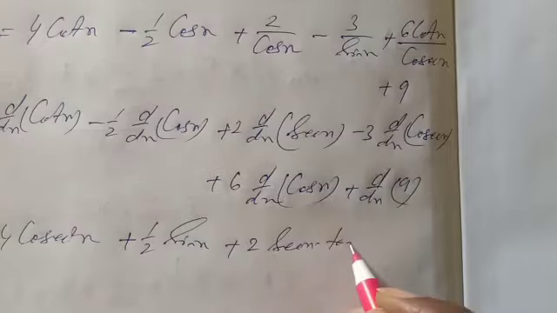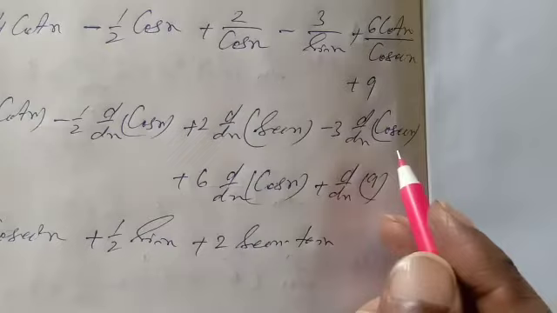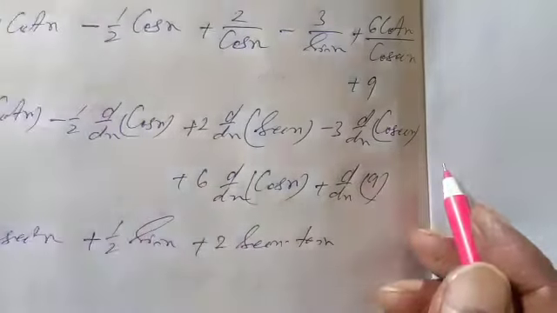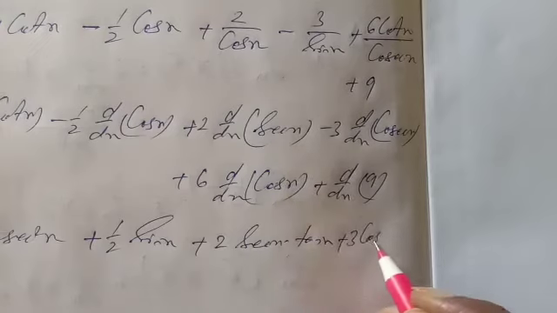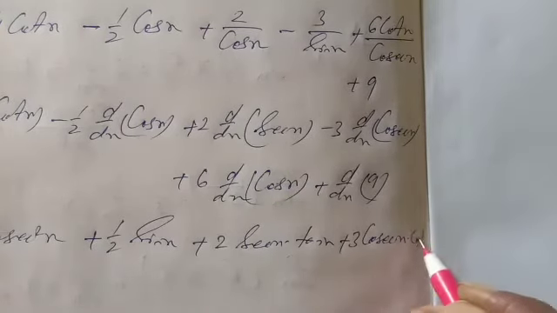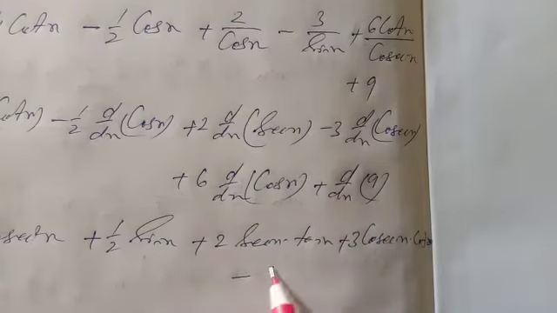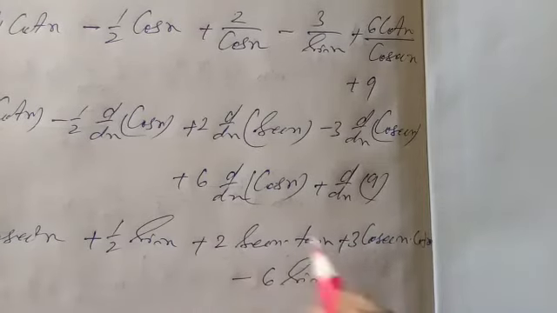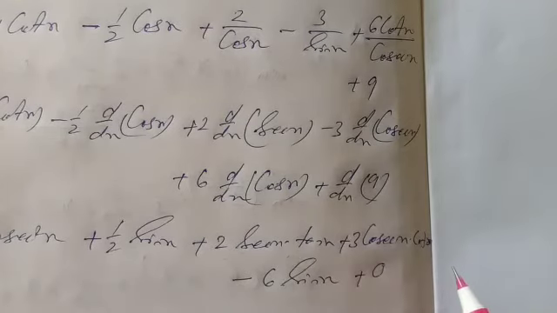And the cosec x derivative will be minus cosec x cot x. That means this will be plus 3 cosec x into cot x. And this is minus 6 sin x because the derivative of cos x is minus sin, and the derivative of plus 9 is 0. And this is the answer.